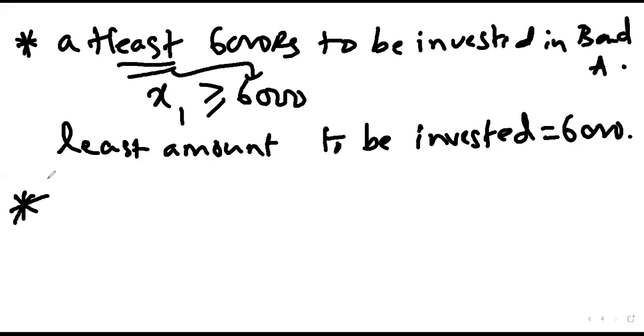That means let us assume that if I am investing 100 rupees in the first FD, then I am supposed to invest 100 rupees also in the second fixed deposit. Correct? In that case, what would be the equation?